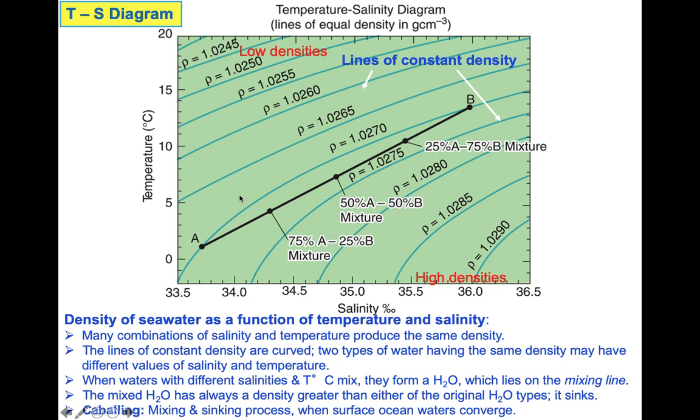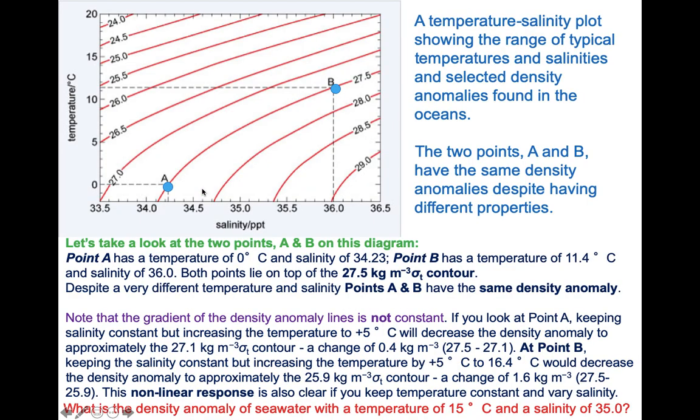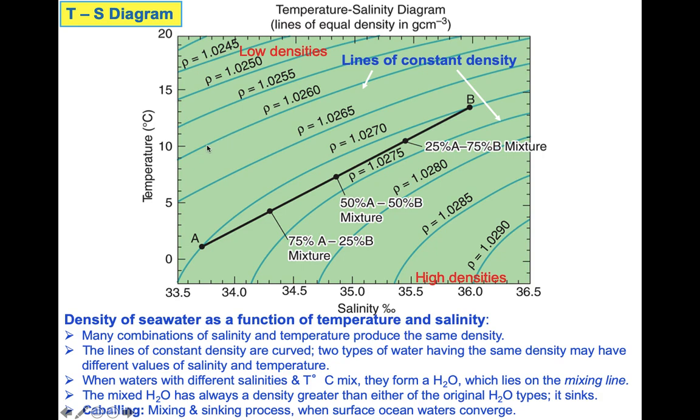So these are iso-density lines, and as long as you stay on this particular green curve, basically your density remains the same, about 1.0260, given in grams per cubic centimeter. So many combinations of temperatures and salinities can give us different density characteristics of seawater.